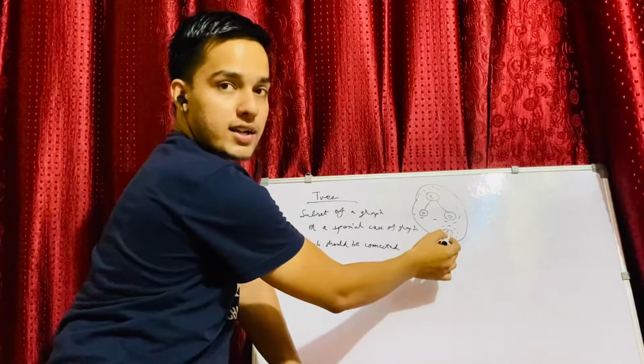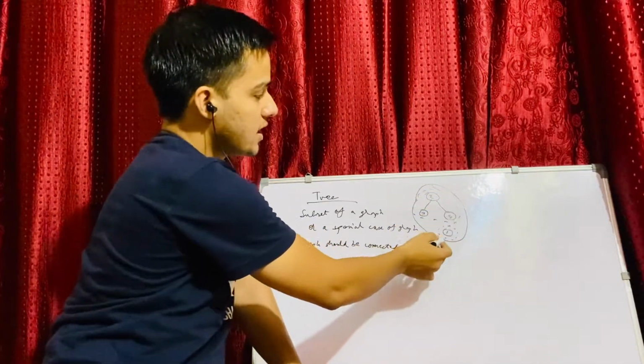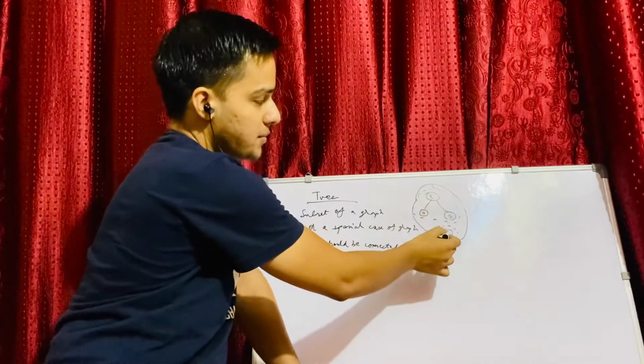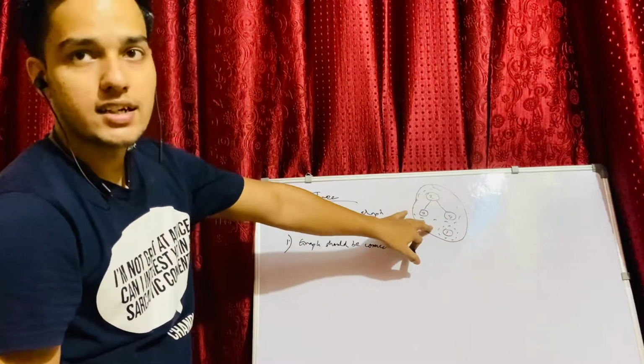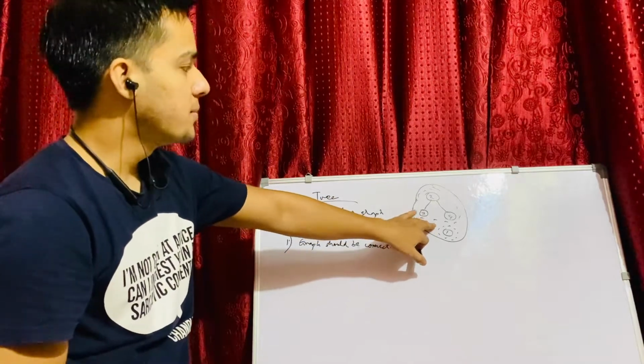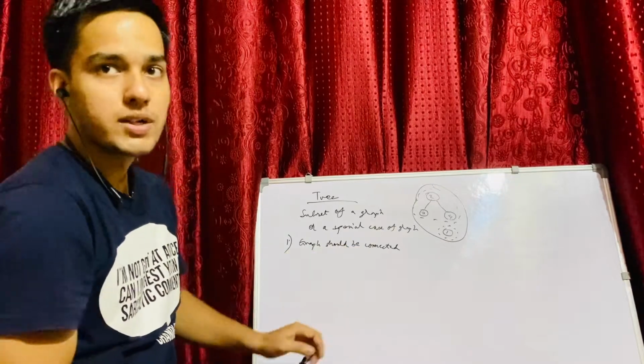Node 1 can't be reached from nodes 2, 3 or 4, and similarly nodes 2, 3 and 4 can't be reached from node 1. This is what a disconnected graph looks like, and this is not a tree. So a graph should be connected for it to be a tree.